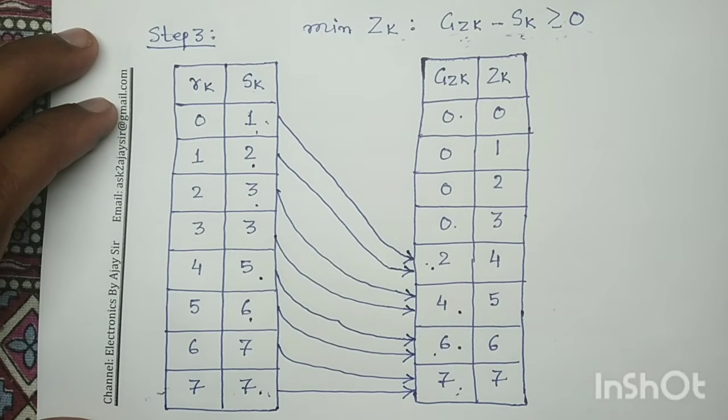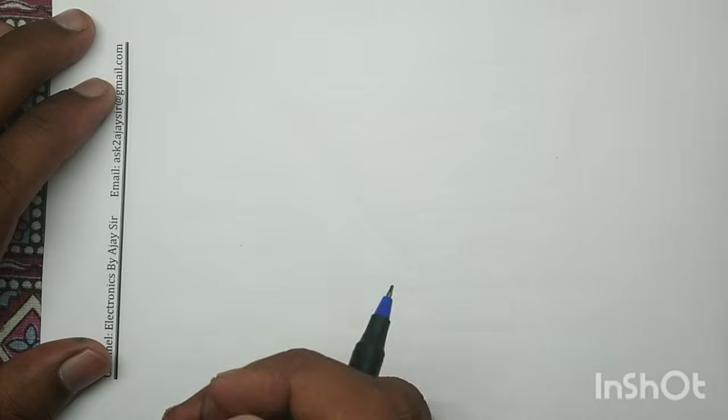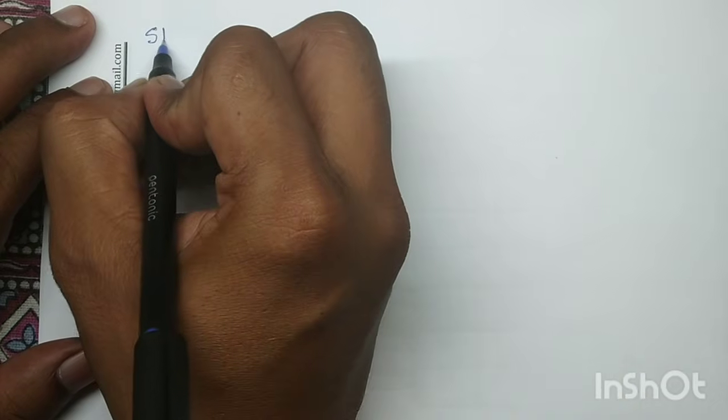After completion of step 3, that is the mapping process, in step 4 we will make a final mapping table. So in step 4 we will draw a final mapping table.